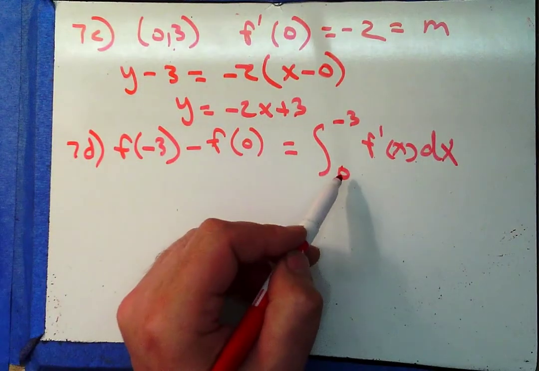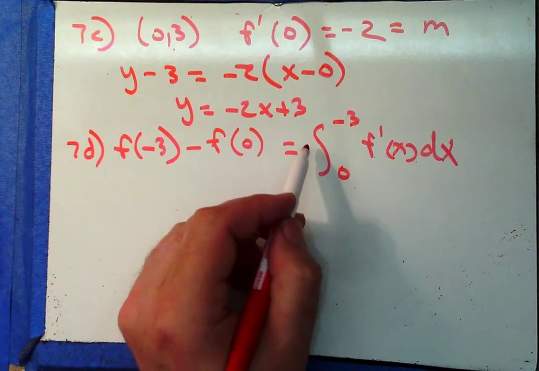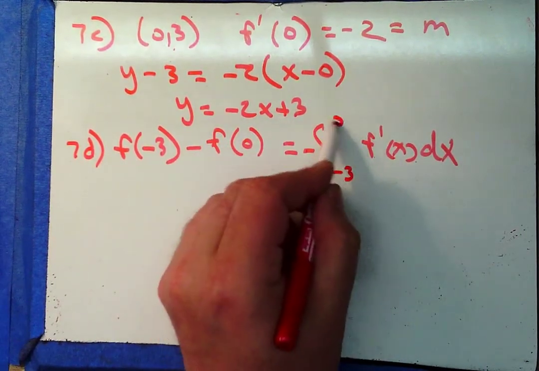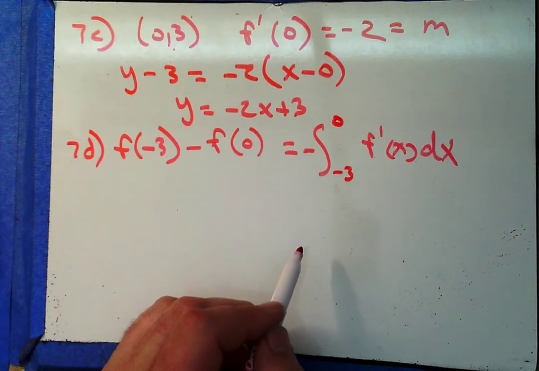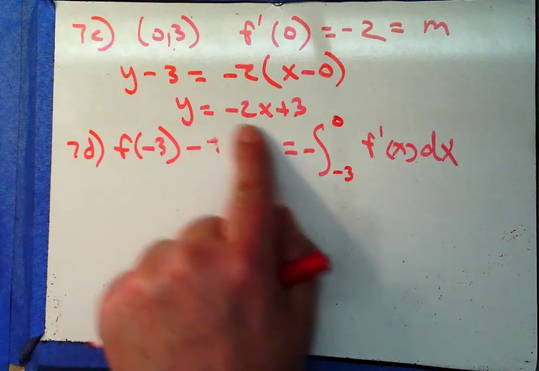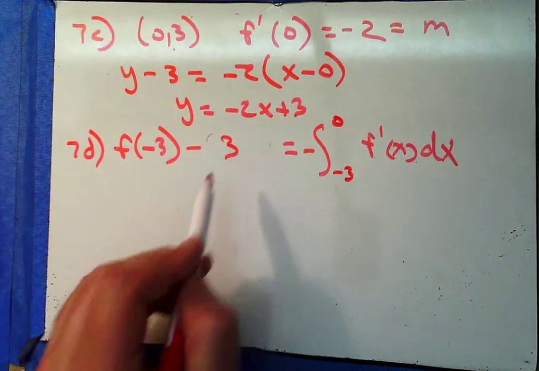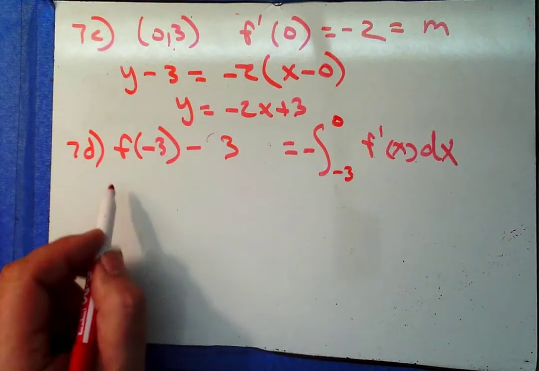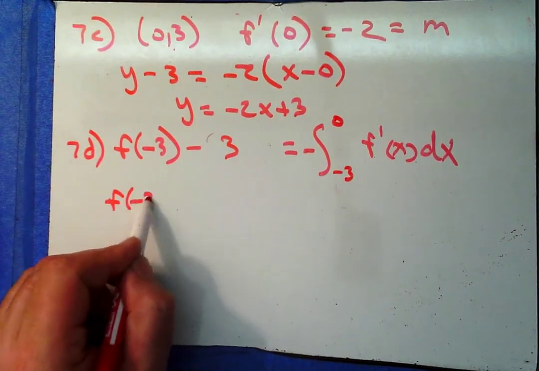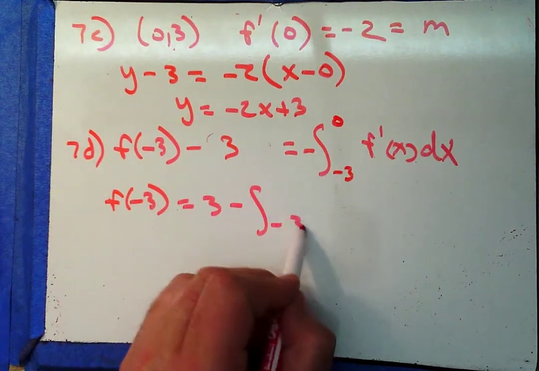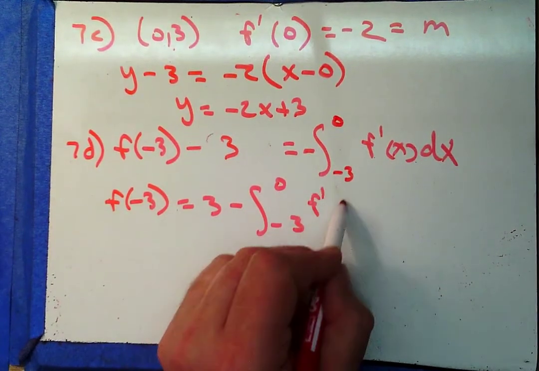Well, I don't want to integrate from 0 to negative 3, so I'm going to do negative 3 to 0. And what do we know over here? We know f of 0 equals 3. Too many 3's for me. And we're looking for f of negative 3. So f of negative 3 will be 3 minus the integral from negative 3 to 0 of f prime of x dx.